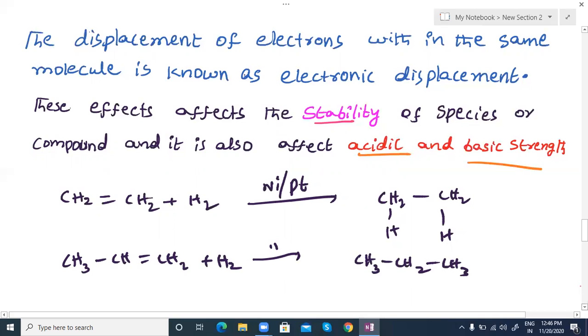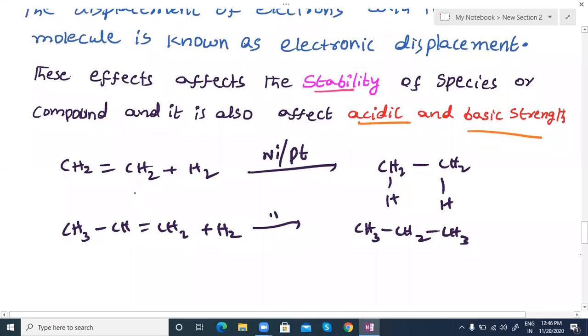But which is more reactive towards hydrogenation, the first one or the second one? How to explain? You did only this example in 10th standard, but now I am increasing different types of compounds. So which is more reactive for hydrogenation? All these things we can get by knowing electron displacements.